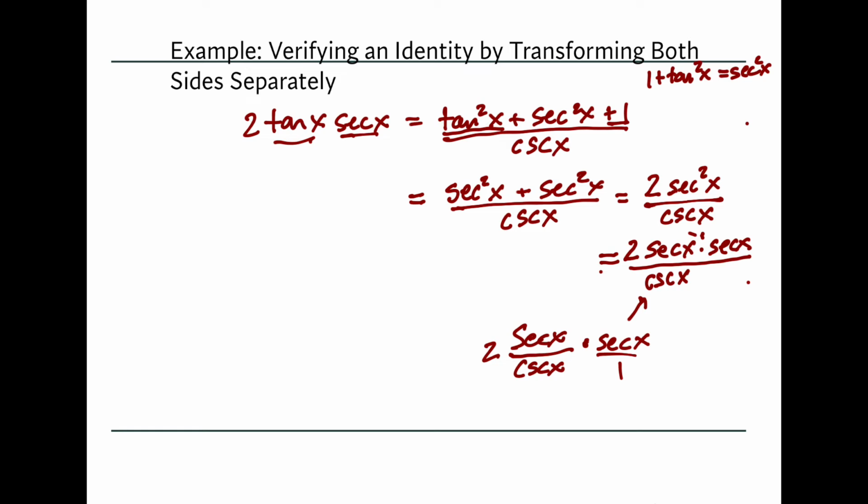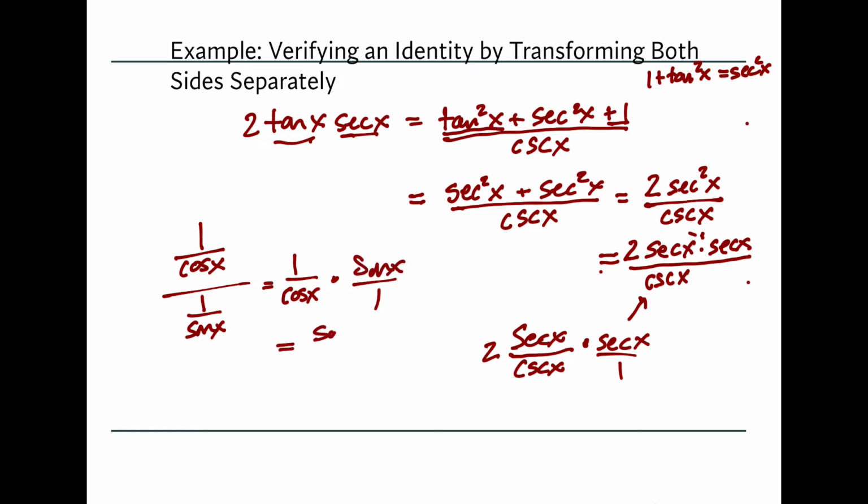Let's look at secant. Secant is 1 over cosine x, and cosecant is 1 over sine x, which could be equal to 1 over cosine x times the reciprocal of the bottom, which would be sine x over 1, which would give me sine x over cosine x, which is tangent x.